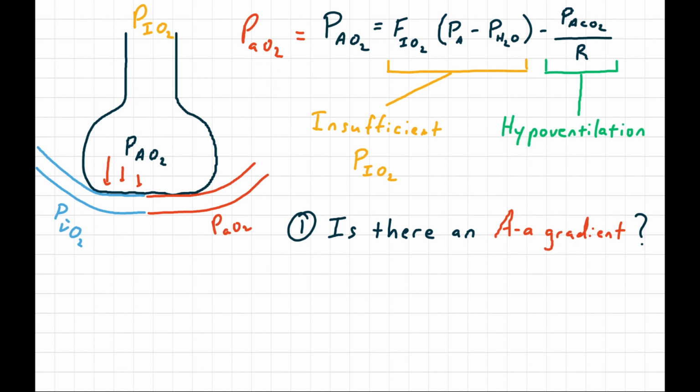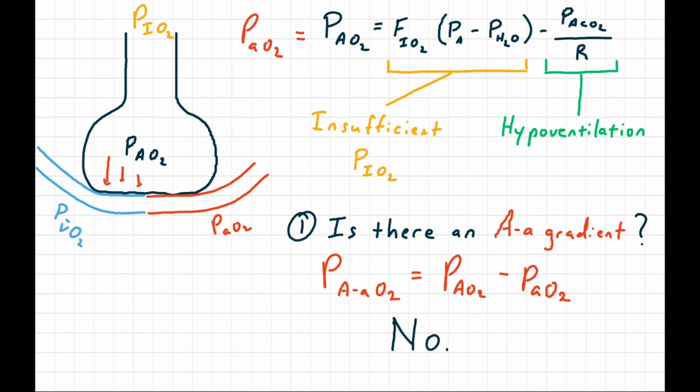That's often written as P big A minus little a O2, the difference between the P big A O2, the alveolar oxygen partial pressure, and the P little a O2, the arterial oxygen partial pressure. And we can see by looking at the equation up top, the answer is no. Whether hypoxemia is caused by insufficient inspired oxygen or by hypercarbia due to hypoventilation, there is no difference between the alveolar and arterial oxygen partial pressure.